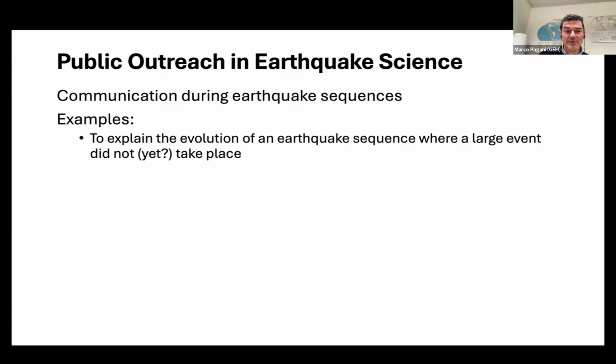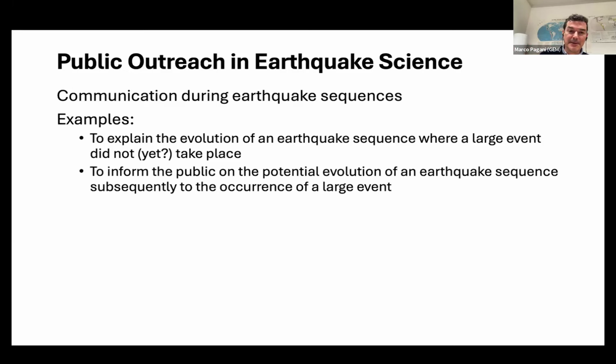That's, for example, the situation in which the high-risk commission was in 2009 before the earthquake in L'Aquila. So there was a sequence of moderate magnitude events ongoing, and they had been asked to provide some guidance to the population. Then there was a big problem of communication there that you are probably well aware of.